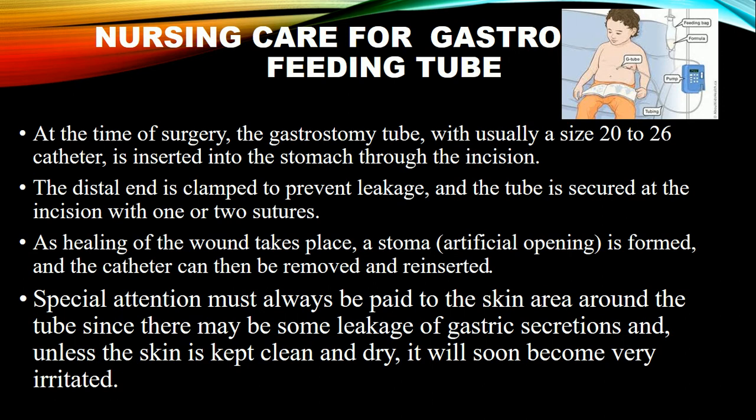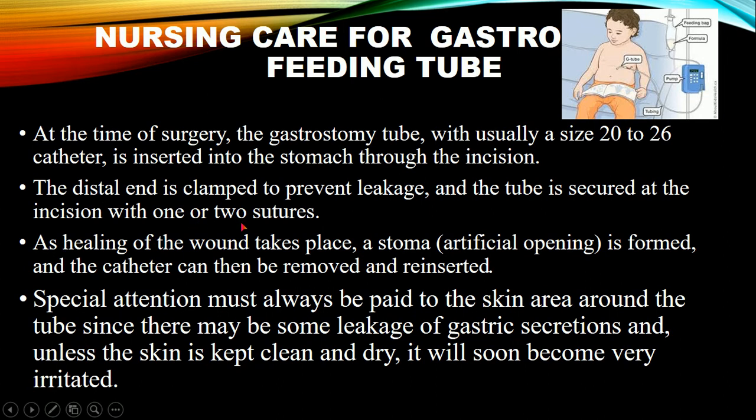The catheter size is 20 to 26, and an incision is made and it is inserted into the stomach. What does the distal end mean? The end which is outside. The distal end is clamped to prevent leakage, and the tube is secured at the incision with one or two sutures.